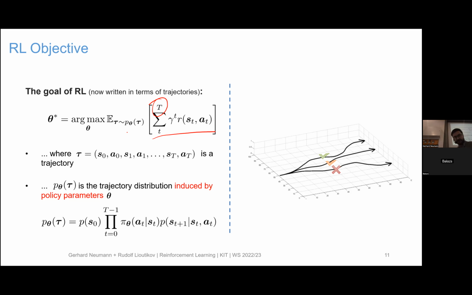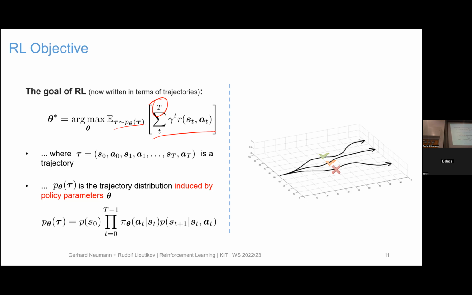And the expectation here is now also written differently. It's not written over the policy as before. It's written over trajectories. What is a trajectory?